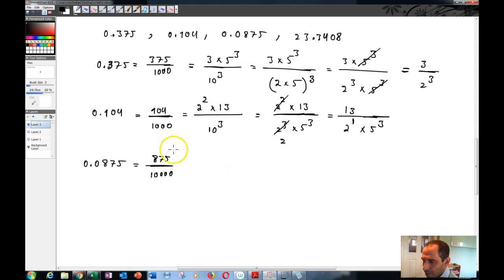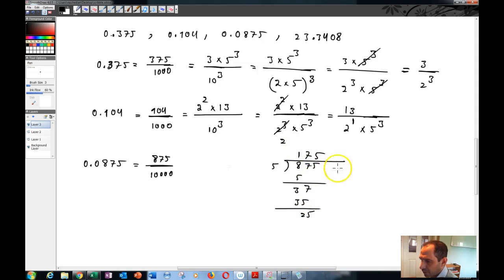Now this is not divisible by 3, it's not divisible by 2, it's divisible by 5. So 875, if you divide it by 5, you will get 175.